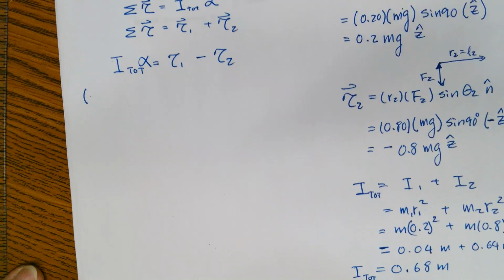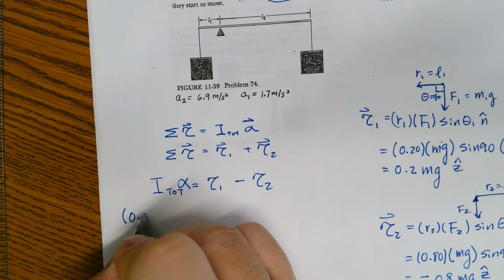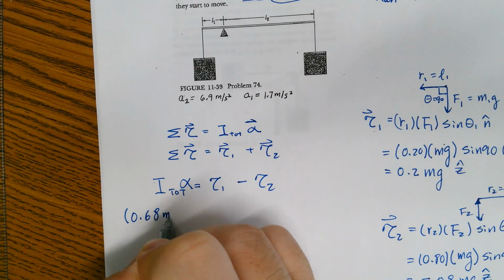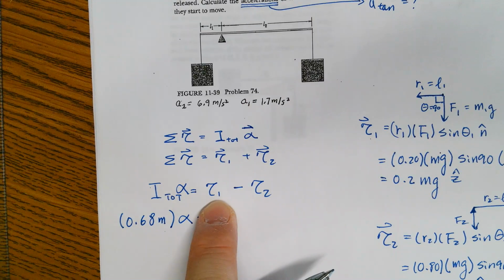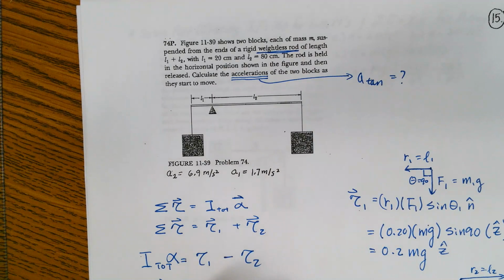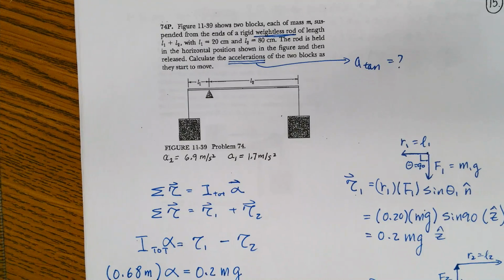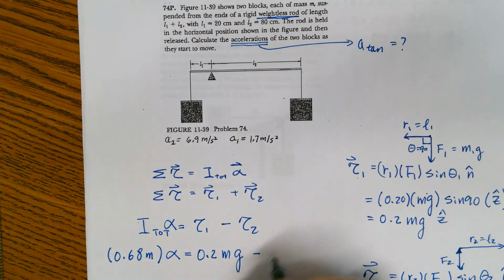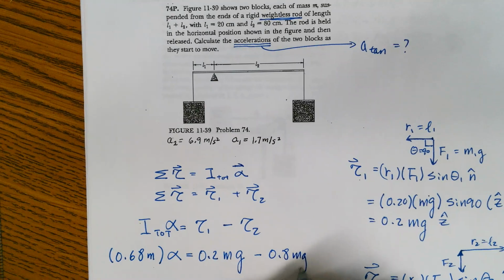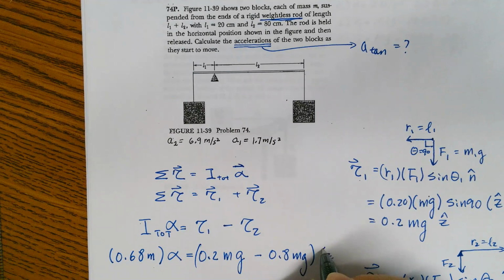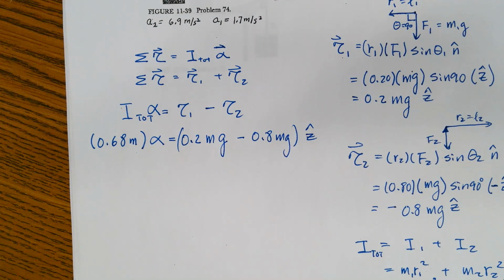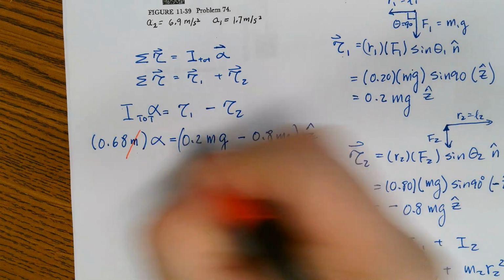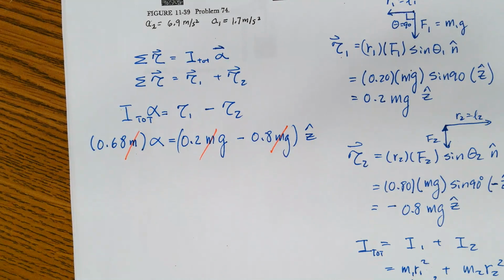I total, 0.68 m, times alpha is equal to torque 1, which is 0.2 mg, minus 0.8 mg z hat. Look what happens to my masses: they all cancel out nicely.